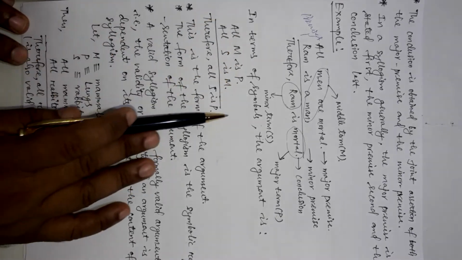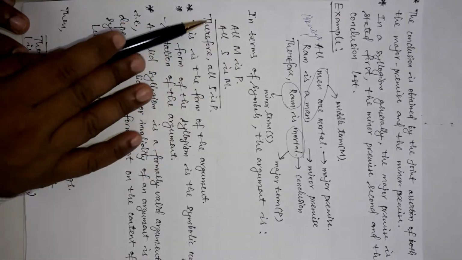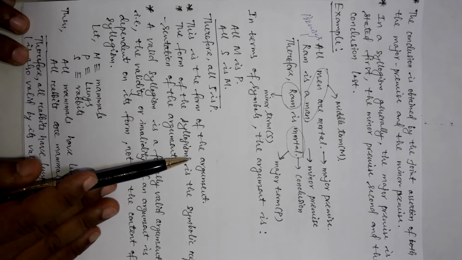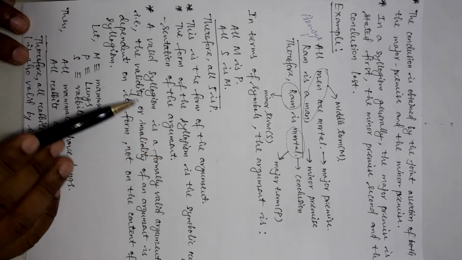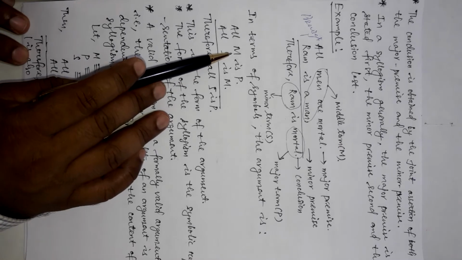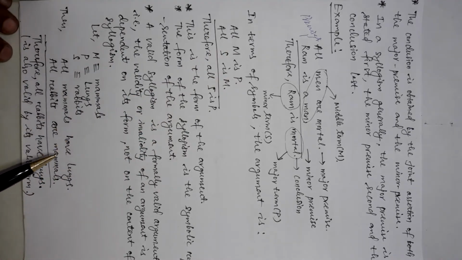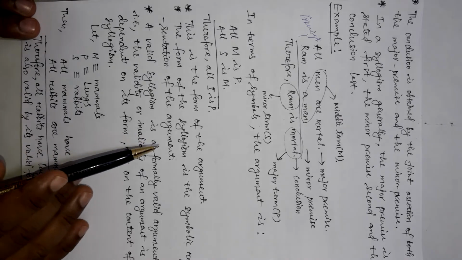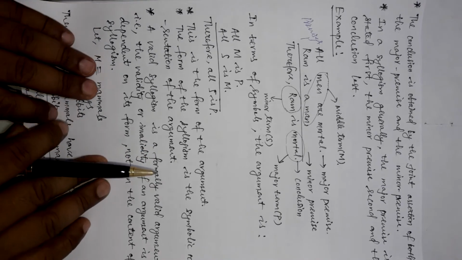If the structure is valid, then the argument is also valid. If the structure is not valid, then the argument is also invalid. It has nothing to do with what nouns or names or values I put in place of M, P or S. So, we can say that a syllogism is valid by its valid form only.